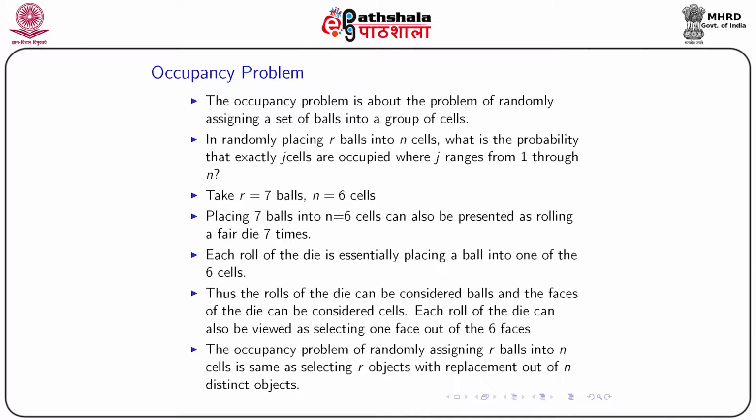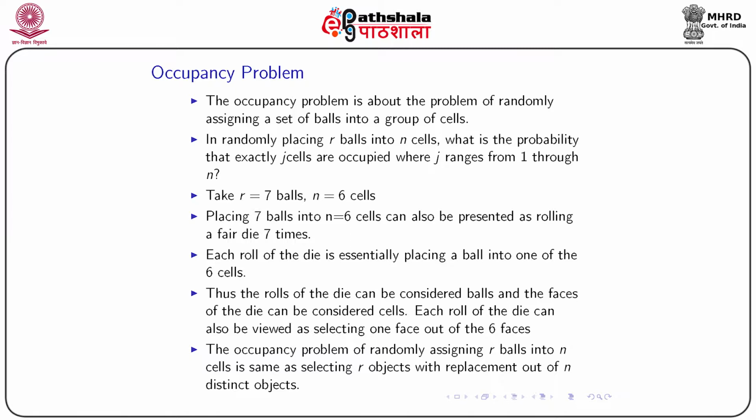The cells are assumed to be the face values of the die. Each roll of the die is essentially placing a ball into one of these 6 cells. Thus the rolls of the die can be considered balls and the faces of the die can be considered cells.